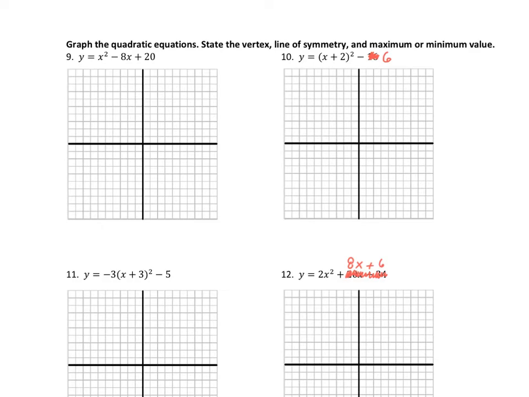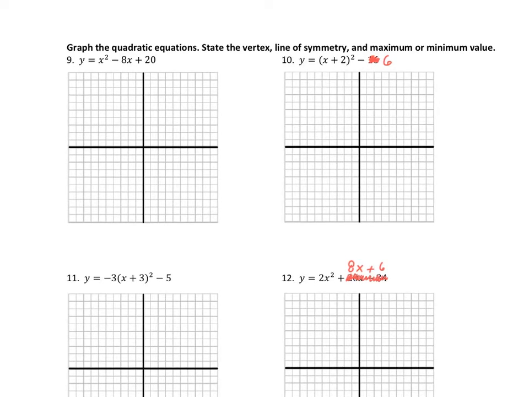But we are going to be starting with number 9, which is in standard form. So if I'm going to find the vertex and the line of symmetry here, I need to make sure I'm using this formula, which is x equals negative b over 2a. That's going to help me find my line of symmetry, so my b value being negative 8.